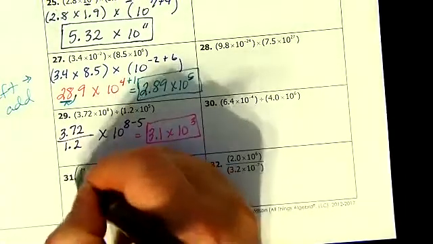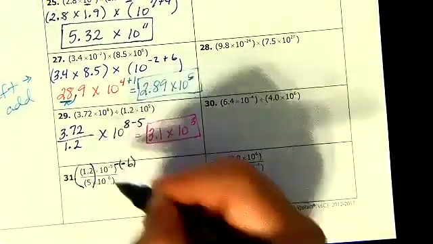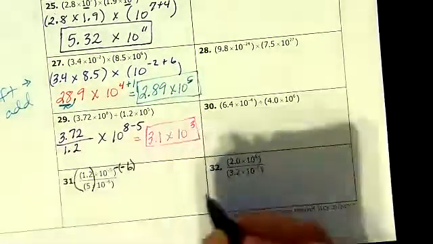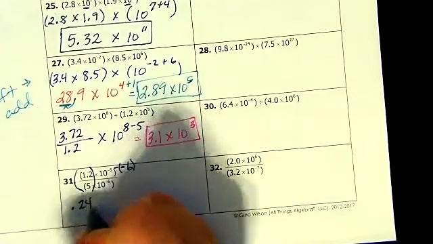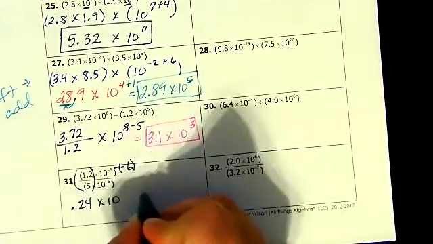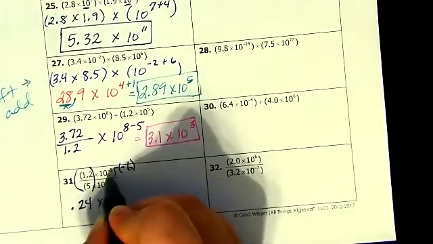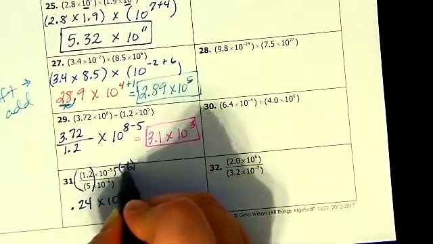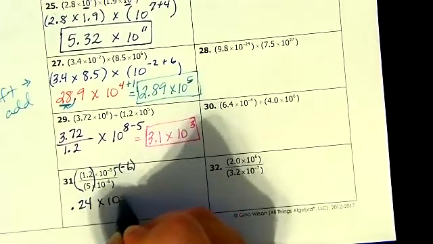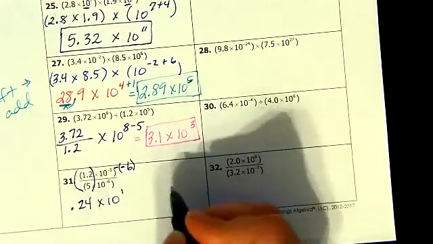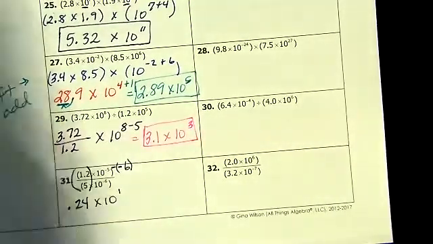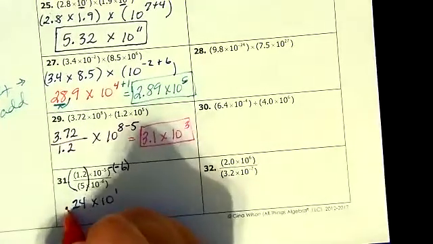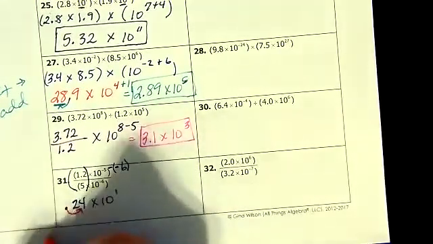So I'm going to do this division right here. So that's going to give me 0.24 times 10 to the negative 5, double negative, so that becomes a big plus 1. But this is not correct scientific notation. I have to move to the right.